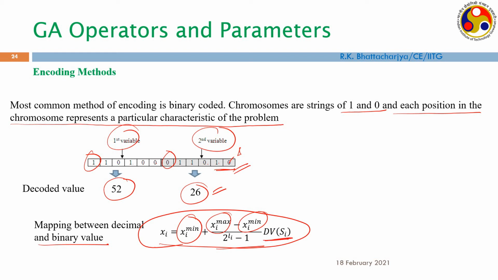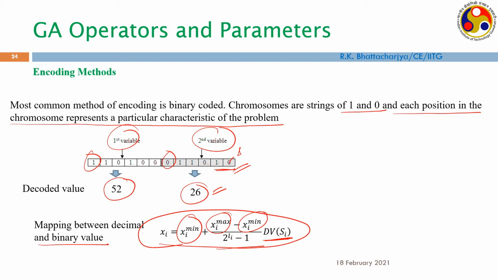So I can use this mapping. If I use all 0s, I should get the lower bound, that is x minimum, and if I use all 1s, then I should get x maximum, and for other values I will get values between x minimum and x maximum.